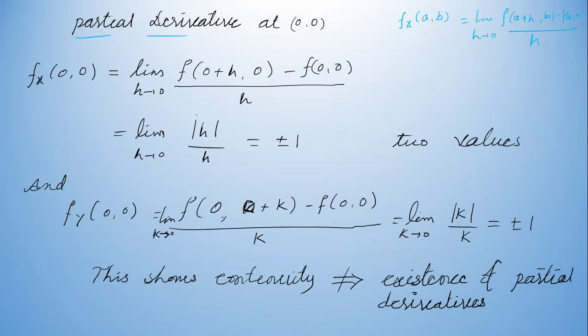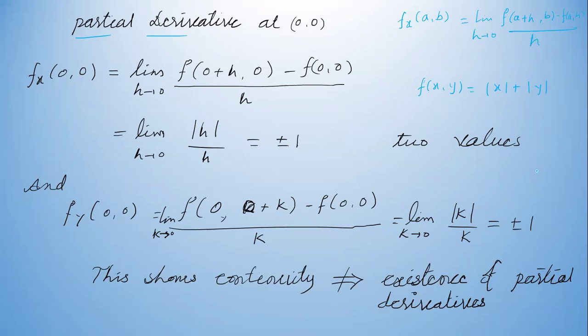The function is f of x comma y equals mod x plus mod y. If we put the b value 0, it gets 0. Therefore we get mod h divided by h.